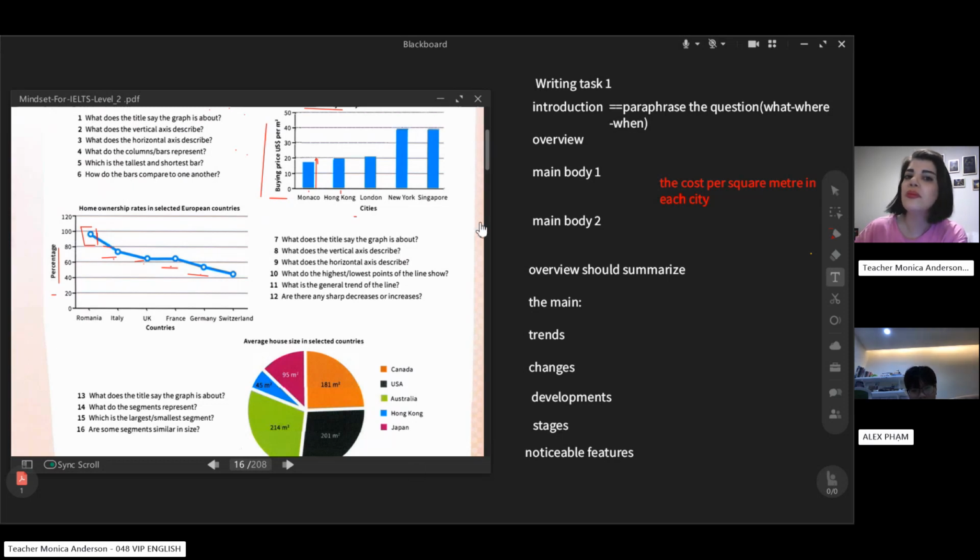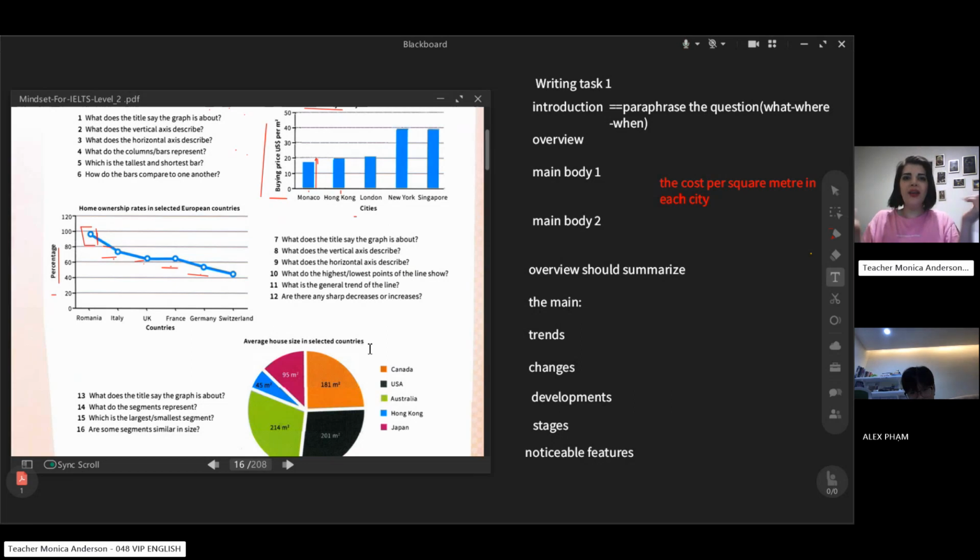As you can see, it means we're going to compare. We have Hong Kong, London, Monaco, New York, and Singapore. Monaco, Hong Kong and London are very similar. New York and Singapore are significantly more expensive.